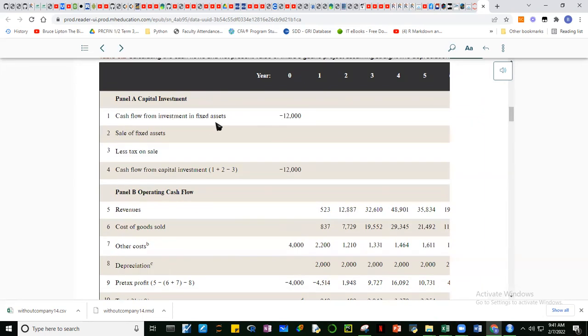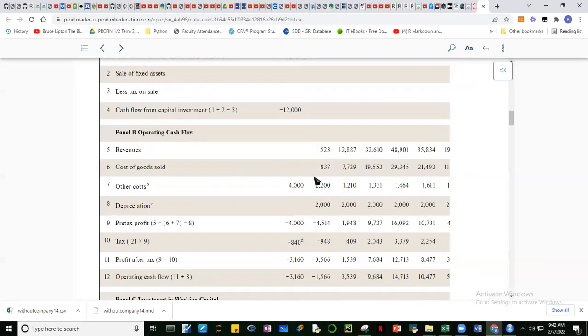So the company is going to invest in the fixed assets. And then if there's any sale of an existing fixed asset, that has to be considered, and any tax on the sale has to be considered. So the capital investment is negative 12,000 outflow. This is the first cash flow to consider.